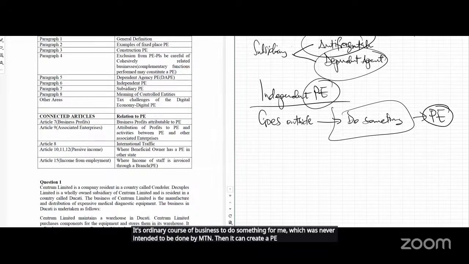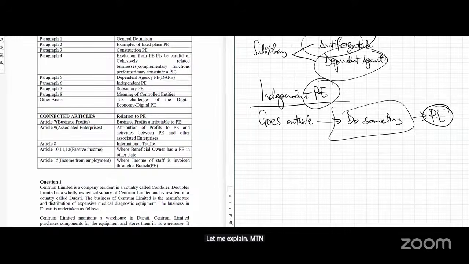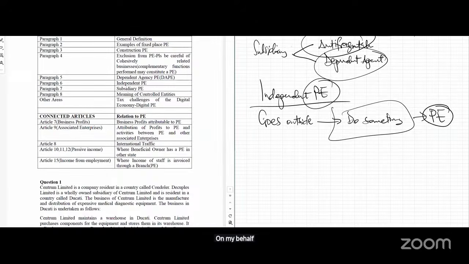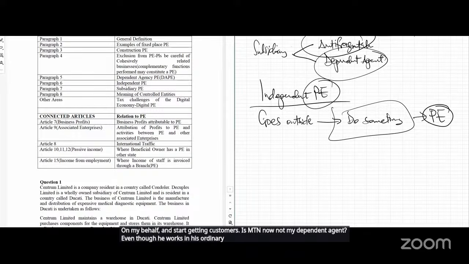Let me explain. MTN does not do database support for anybody at all. Then MTN finally does database support, which is my work on my behalf, and starts getting customers. Is MTN now not my dependent agent? Even though he works in his ordinary course of business, didn't he go outside the ordinary course of his business to do something for me? So has he not now become my dependent agent? Yes.